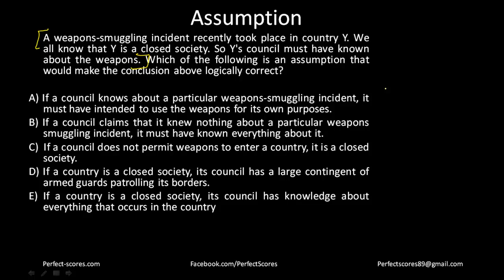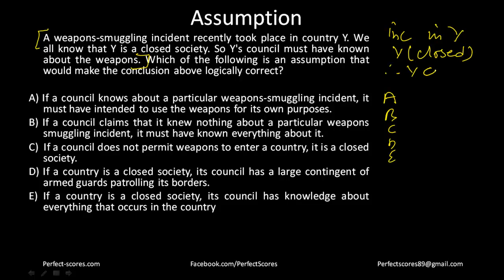So let's go ahead and map down our answer choices. And let's write down, an incident took place in Y. Y is a closed society, so Y's council must have known. And what is the basic underlying assumption over here? That somewhere the council has something to do with a closed society.